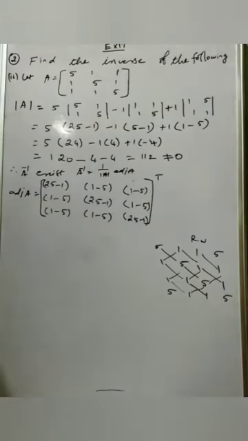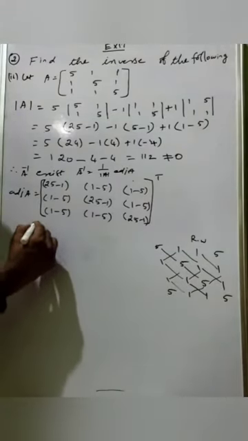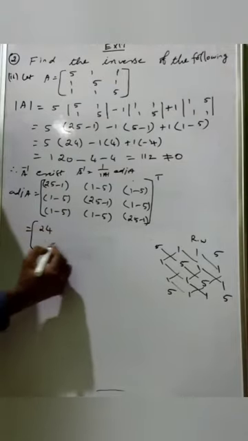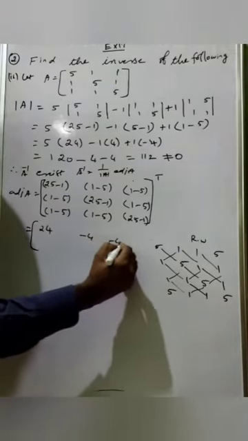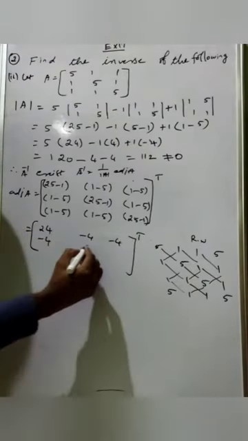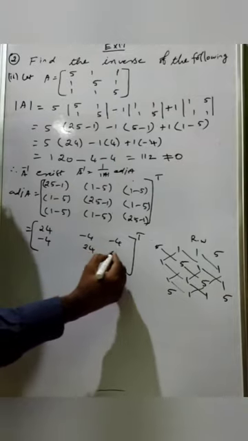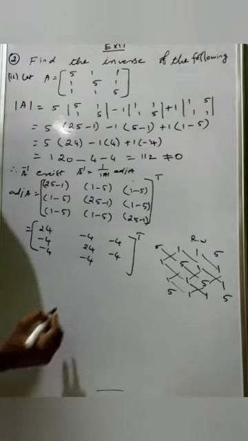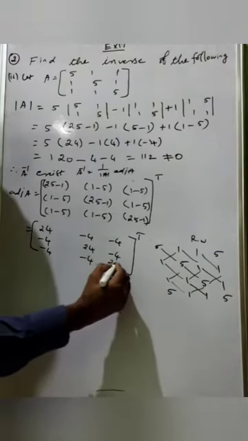Then now subtract, we may get here 24, minus 4, minus 4. Then minus 4, 24, minus 4, minus 4, 24.